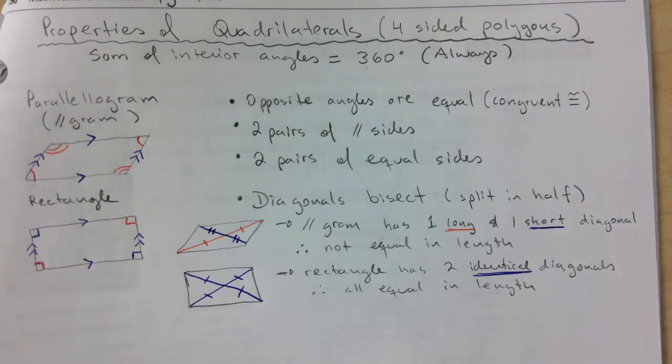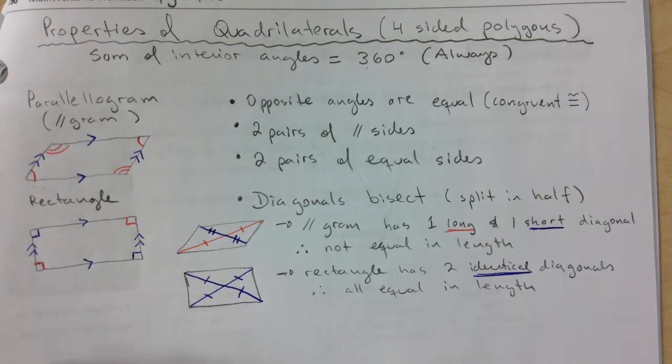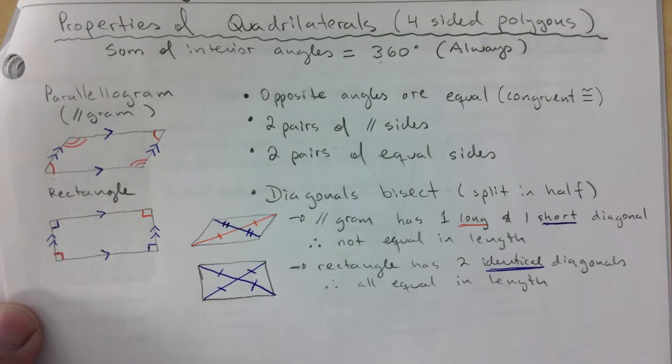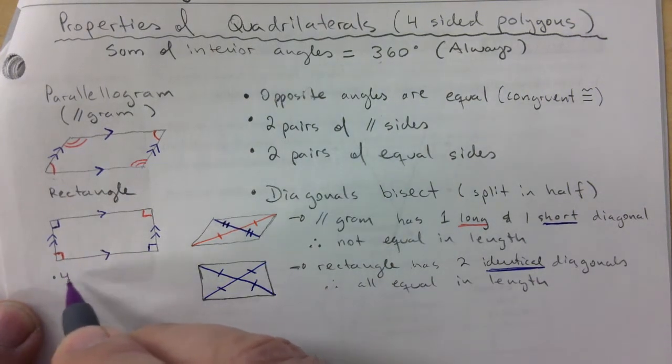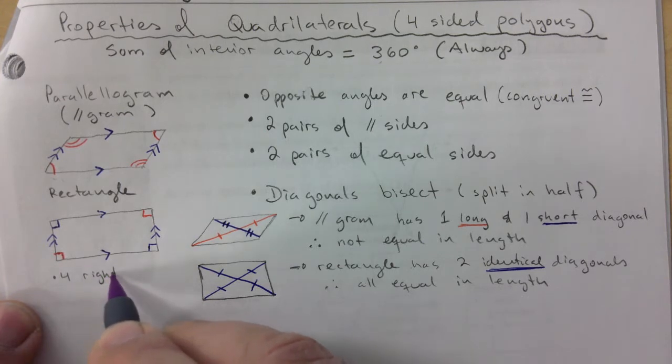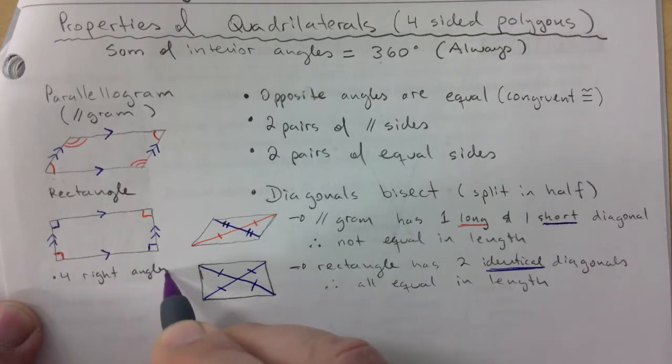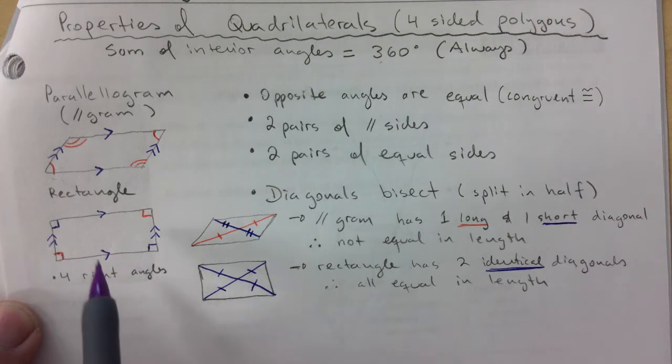That's what I'm trying to say there. And something that's particular, so this is something that distinguishes them. The other thing would also be that for a rectangle, it has 4 right angles. That's something that's unique to the rectangle as opposed to the parallelogram.